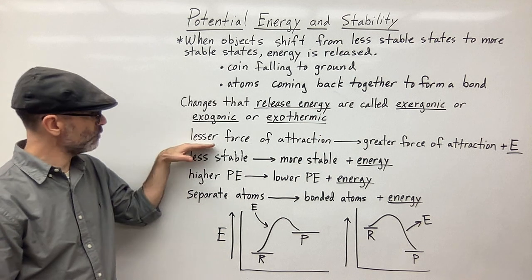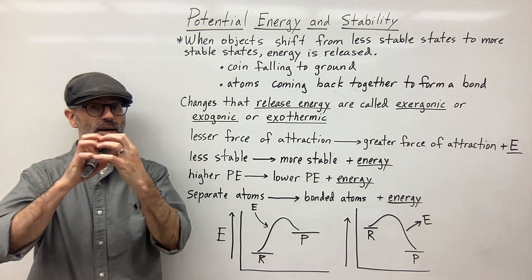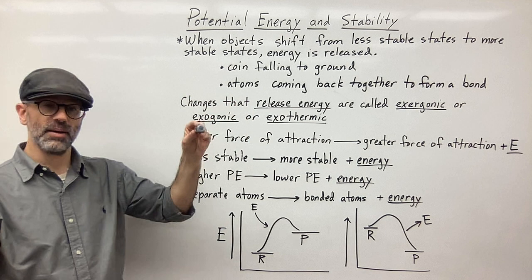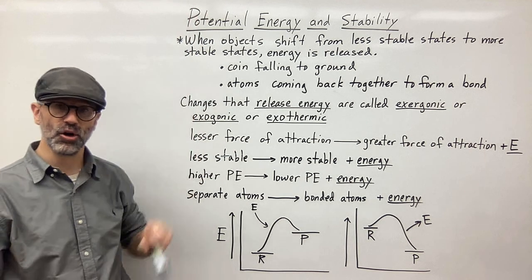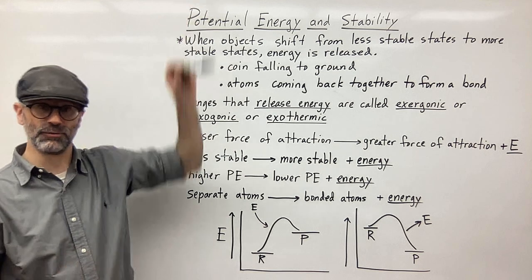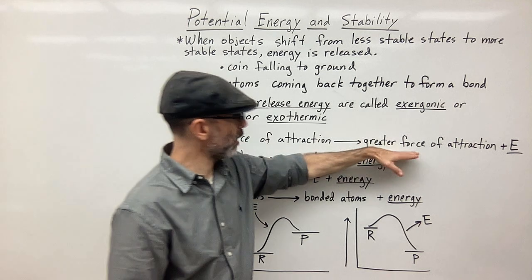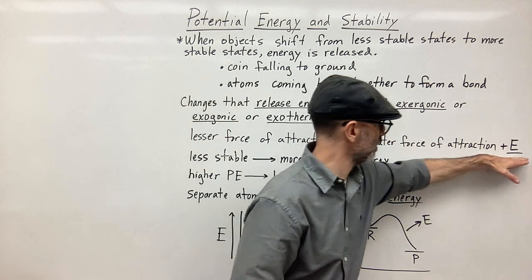Okay, so now let's look at a few of these sorts of examples here. So lesser force of attraction, meaning the atoms, for example, are spread farther apart, or the marker here or the object is moving away from the Earth. So the farther you get from the Earth, the less attractive force you feel. So lesser force of attraction will lead to a greater force of attraction and release of energy.